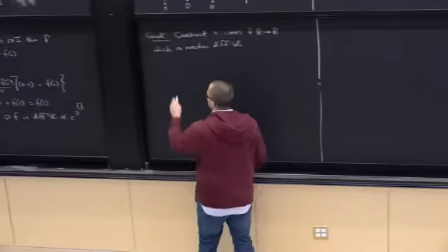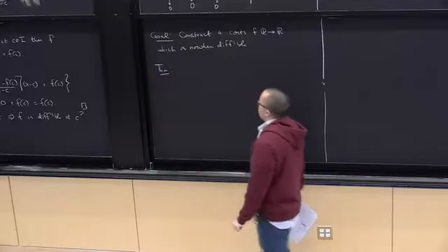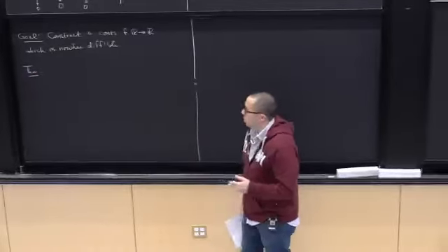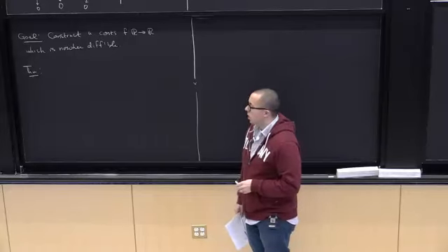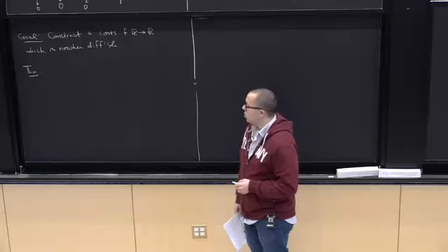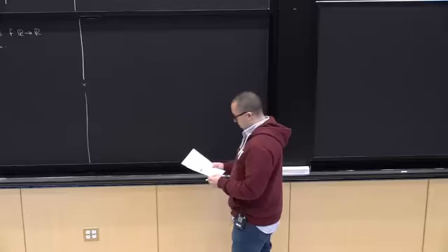So let's start off with a few simple facts about, so I said that we're going to build a function which is oscillating quite a lot. There's two functions you know that oscillate, cosine and sine.